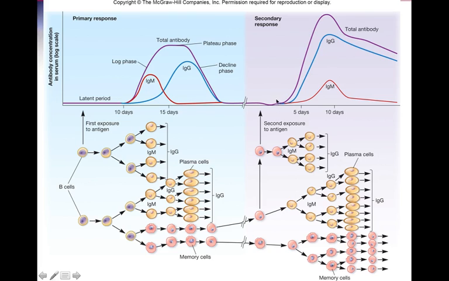So this cuts down the time that you would be sick, or you may not even know you're sick at all, because it could lead to a subclinical infection whereby you don't have a high level of the microbe multiplying and dividing in your body, and so you may not have symptoms of that infection.